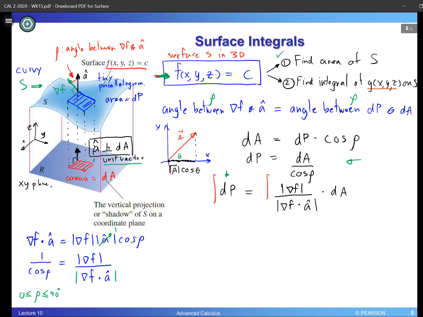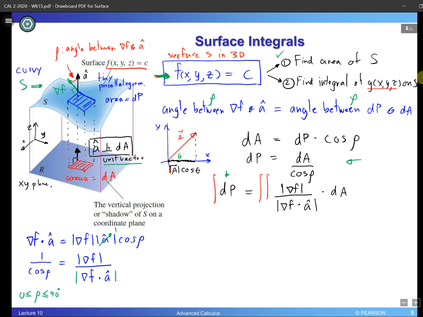And we know that differential area, in the end, becomes dx dy or dy dx, so this has to be a double integral. Alright, so we add them all together, and when it comes to the double integral with respect to differential area, we have to perform it over an integration domain.